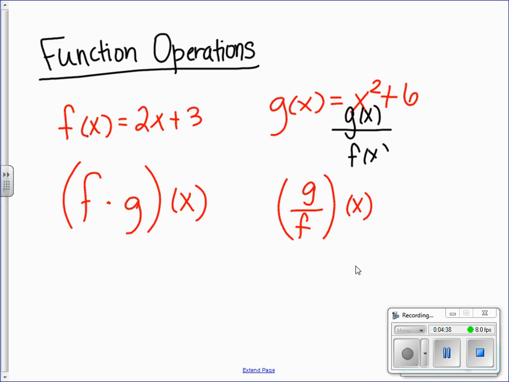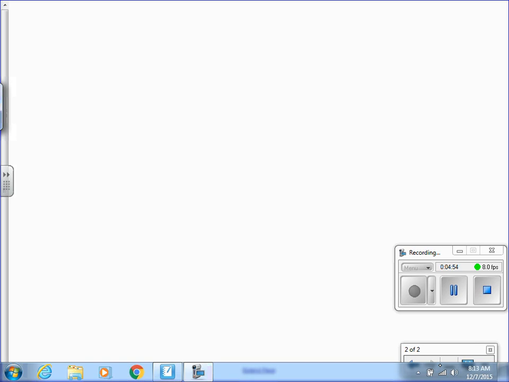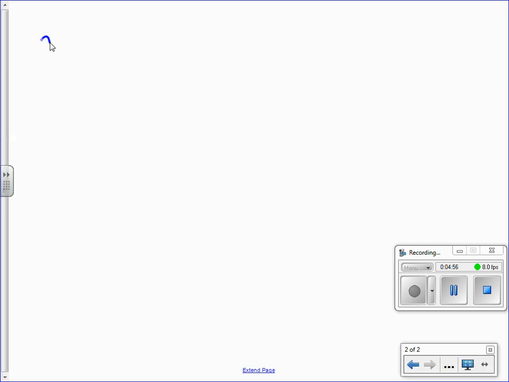All those are old news. Alright? What we haven't done yet, that we really want to focus on today, is composition of functions. Okay? Composing functions. That's the new stuff.